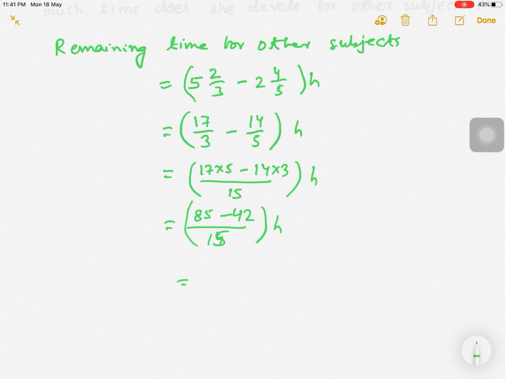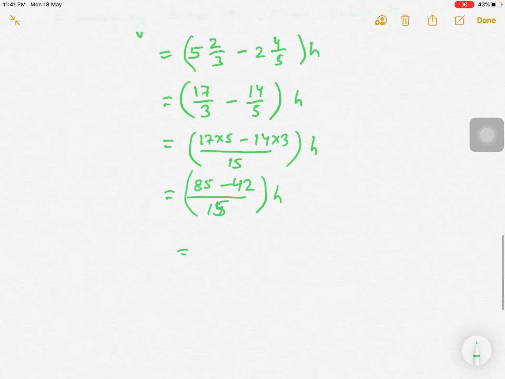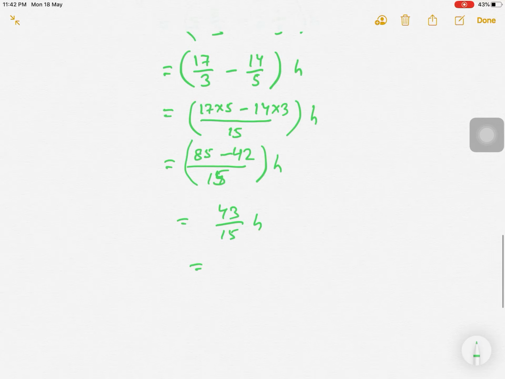And this gives 85 minus 42 is 43 divided by 15 hours. And if we convert it into mixed fraction, we have 2 whole 13 by 15 hours.